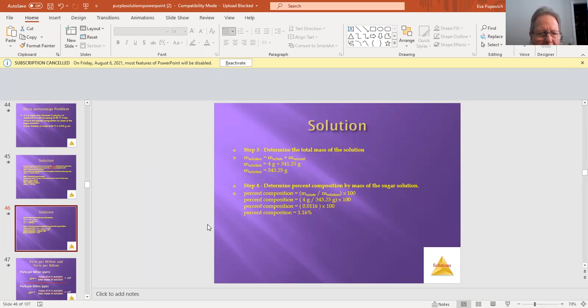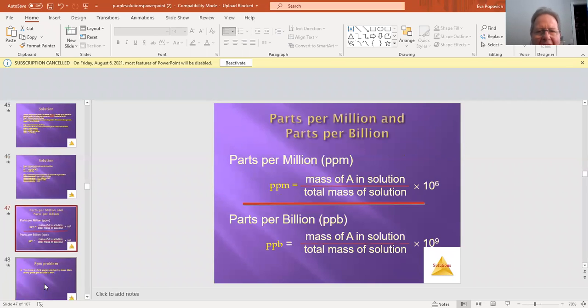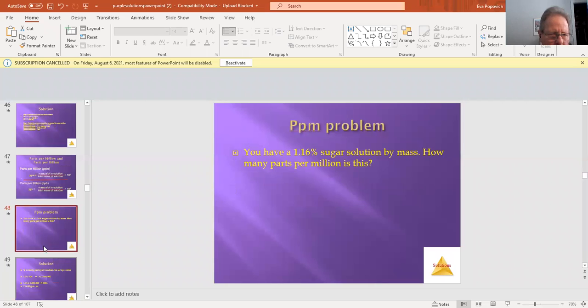You're also going to have other values. Instead of percent masses, you're going to have something called parts per million and parts per billion. Now, I'm going to put in a new slide here.